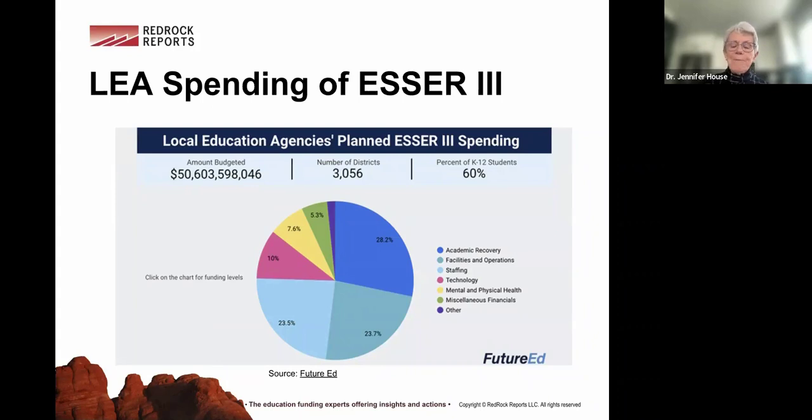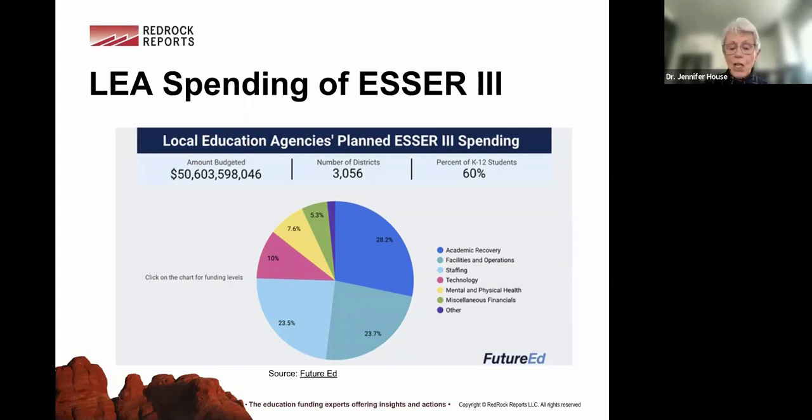If you look at that bright blue, 28% of that is for academic recovery, but the yellow is for the SEL. So you could say that even the pink is because sometimes it's the technology to run a software piece for SEL.